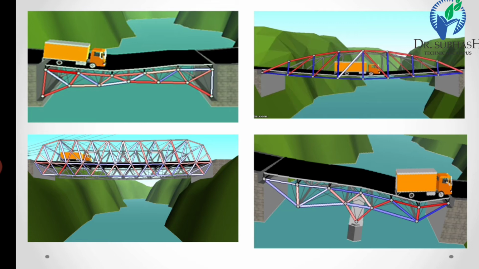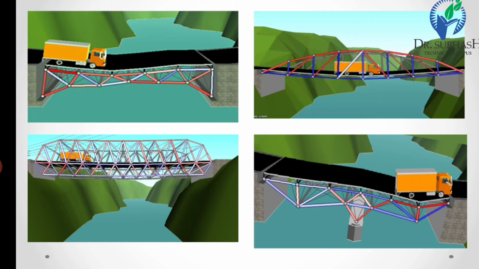So suppose you can see this first figure, our truck moves on the bridge. At that time one wheel acts on the bridge and the rest of the wheels are at the far end. So what will the shear force be, which will be evaluated using this method? In the second image, you can see the truck moves to the center of the bridge.